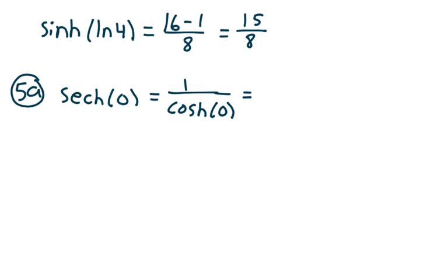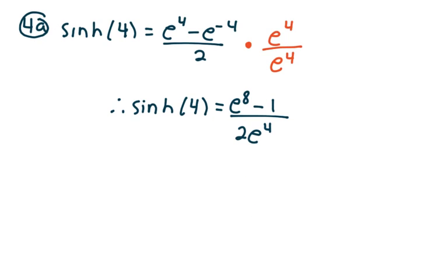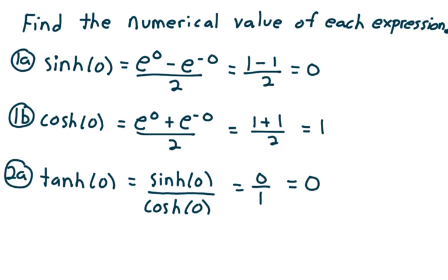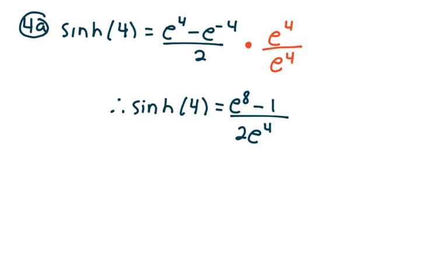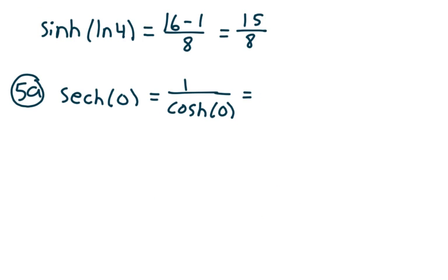Now, we don't have to do a lot of work here, because if we go back, we figured out what hyperbolic cosine of 0 was. Hyperbolic cosine of 0 is 1. So if we go back here, we get 1 over 1, which is 1. That's it.